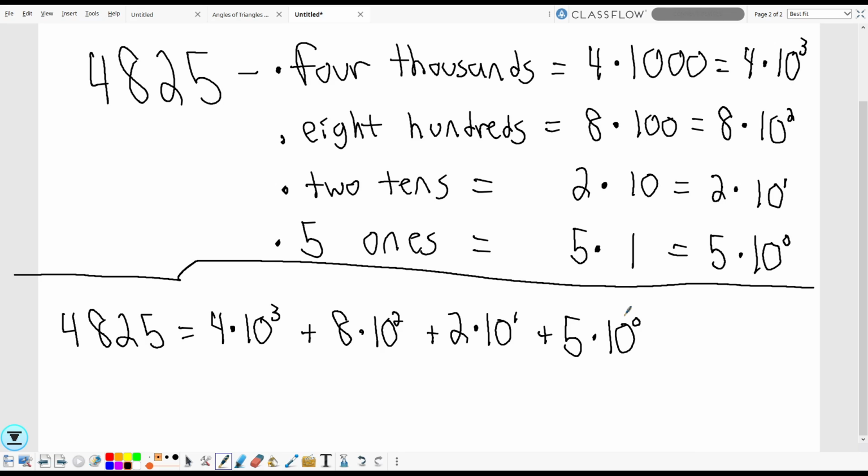And that's what I mean when I say this is a base 10 number. Every digit in this number is with respect to some power of 10. And we can do that for any number in our number system.